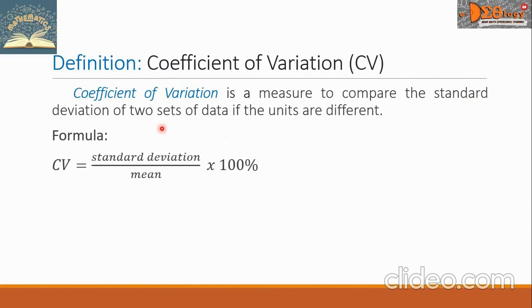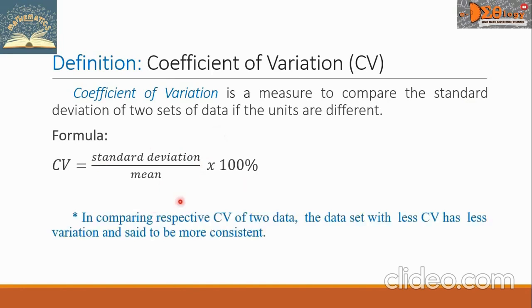The formula is here. CV, that is the coefficient of variation, equals the fraction whose numerator is standard deviation over the mean, times 100%.